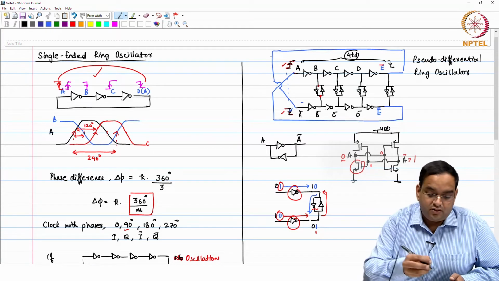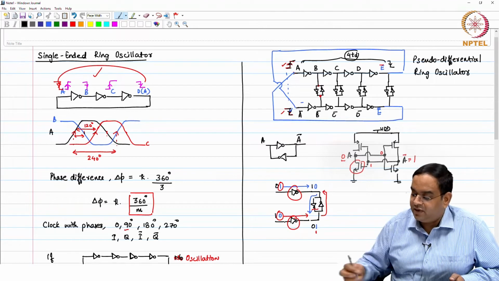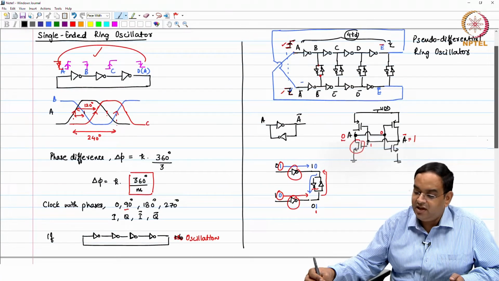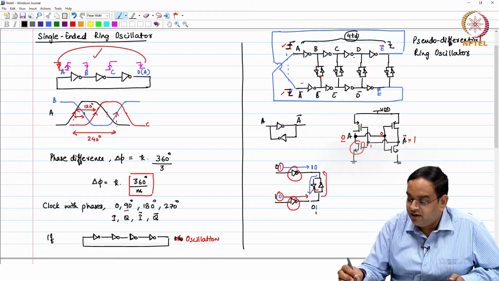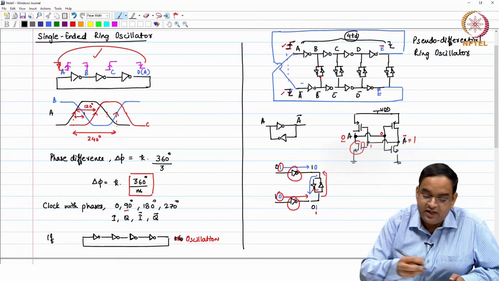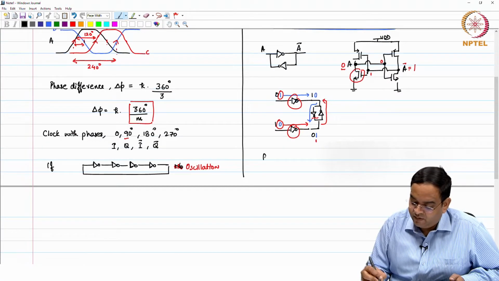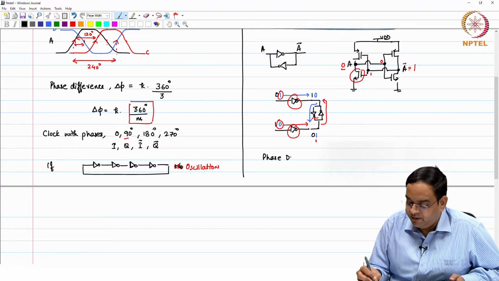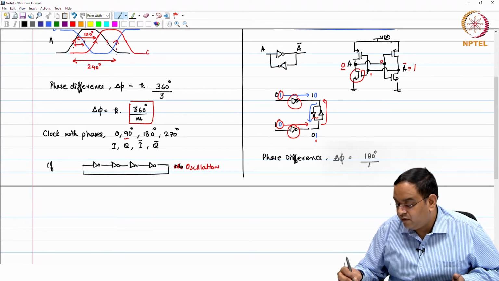Okay. So, when you have this 180-degree phase for a delay of Td, then the phase difference between these 4 inverters with nodes A, B, C and D in the above ring oscillator is delta phi, equal to 180 degree divided by 4, which is 45 degree.